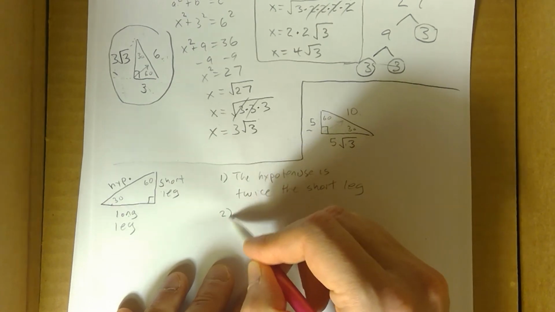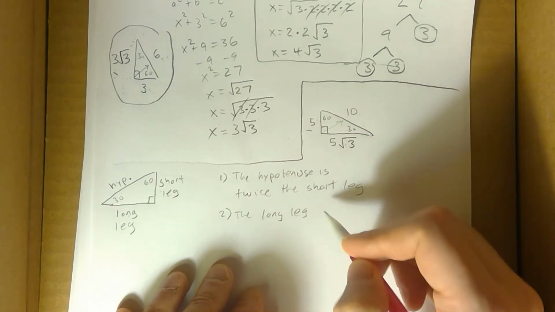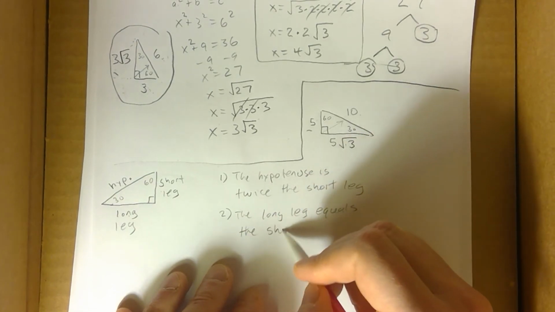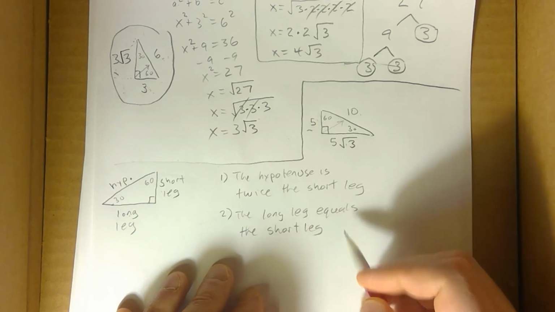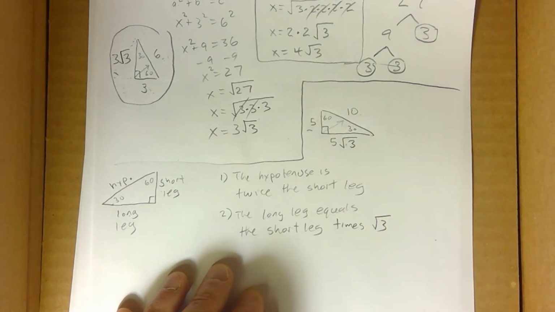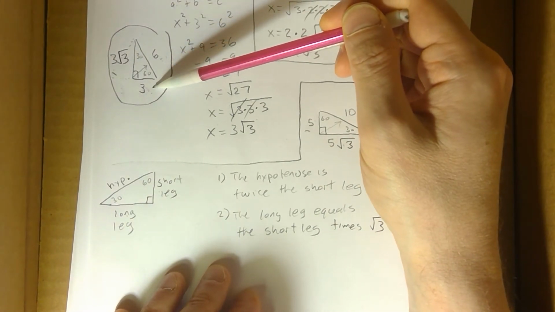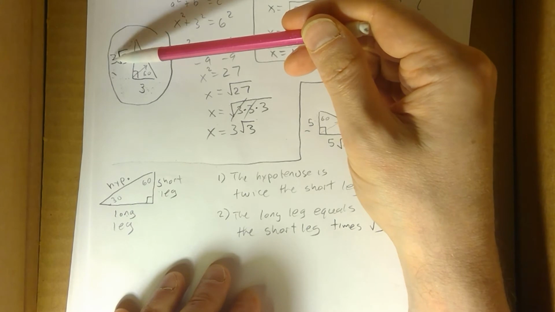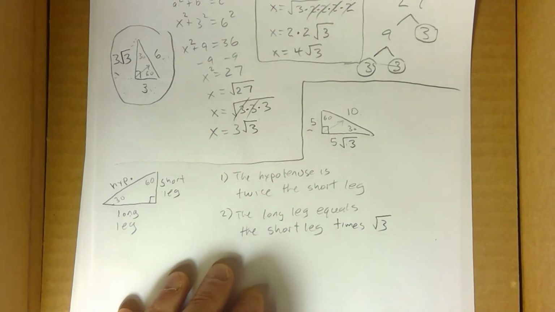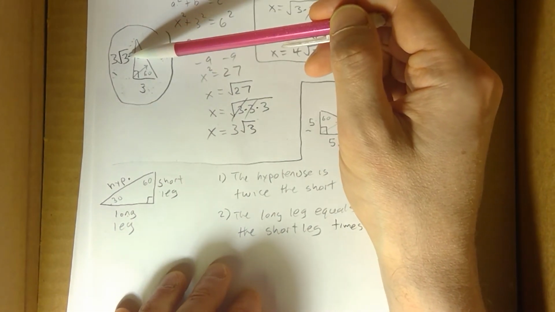The other rule is the long leg equals the short leg times square root of 3. So here's the short leg. The long leg equals the short leg, 3, times the square root of 3, and we see it here. Now the converse of that would really be that the short leg is equal to the long leg divided by the square root of 3.